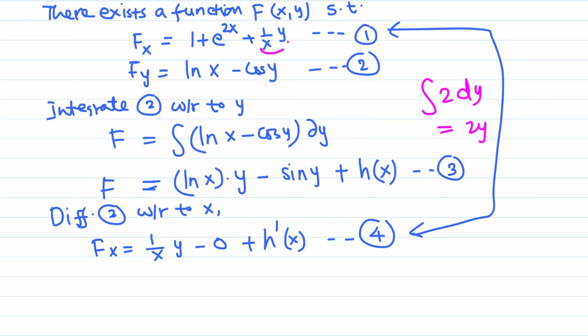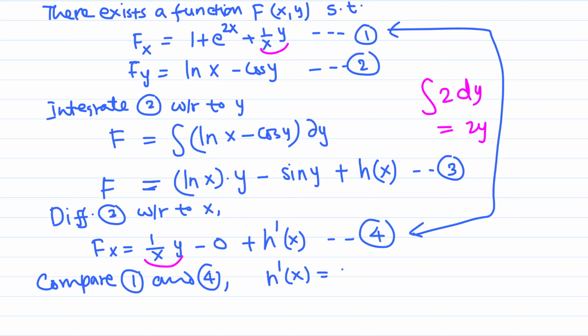That means what is left over, 1 plus e raised to 2x, should be equal to minus 0, which does not count, plus h prime of x. So comparing equations 1 and 4, we get h prime of x equals 1 plus e raised to 2x.